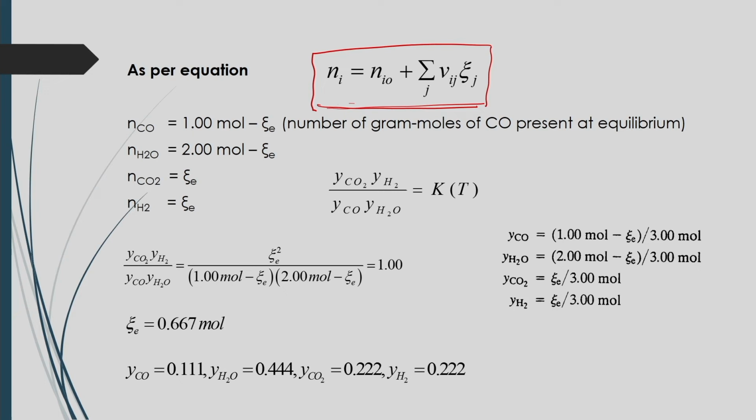If I consider carbon monoxide first, then N carbon monoxide will be equal to the feed amount of carbon monoxide, which is 1 mole, plus the extent of reaction at equilibrium, which is xi.